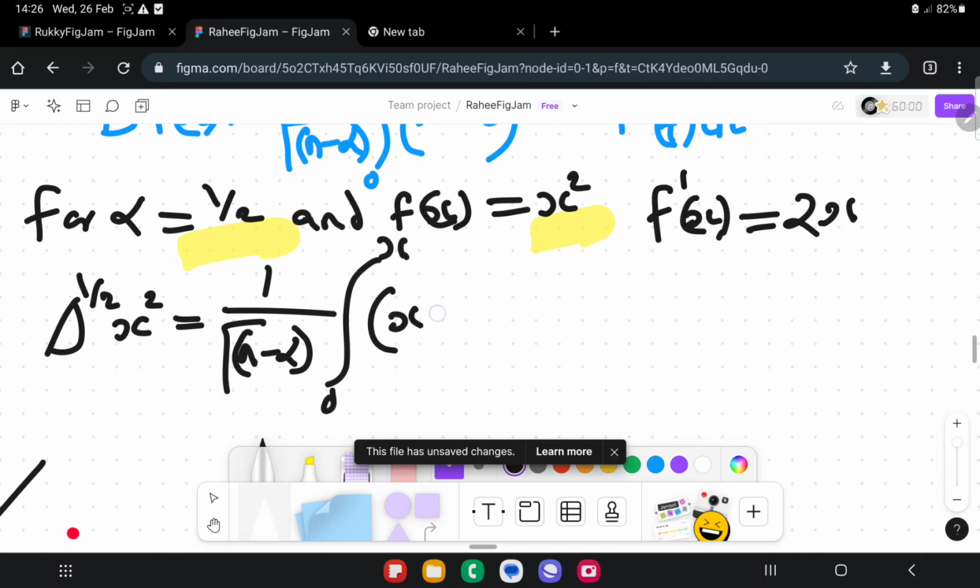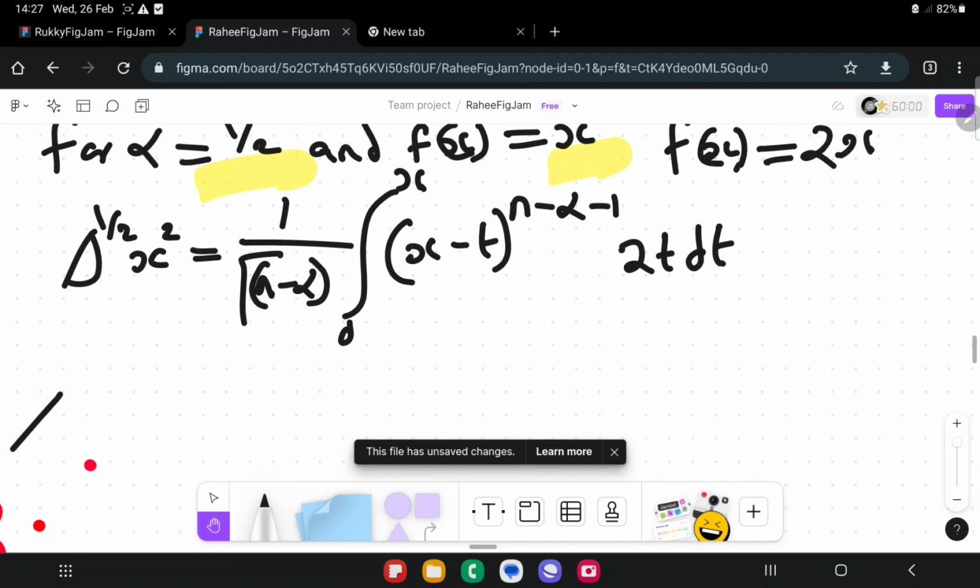Then we have our x minus t raised to power n minus alpha minus 1. Now our f prime of x, in terms of t, we're going to replace it with 2t, then dt.